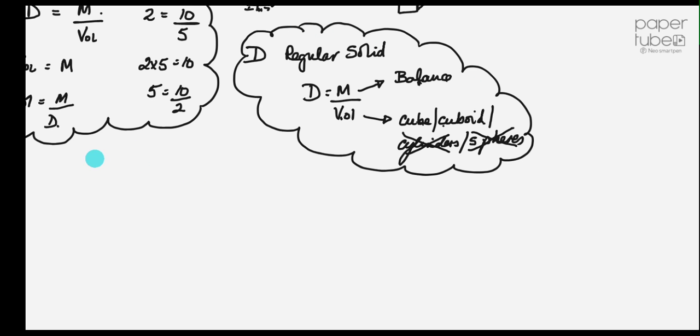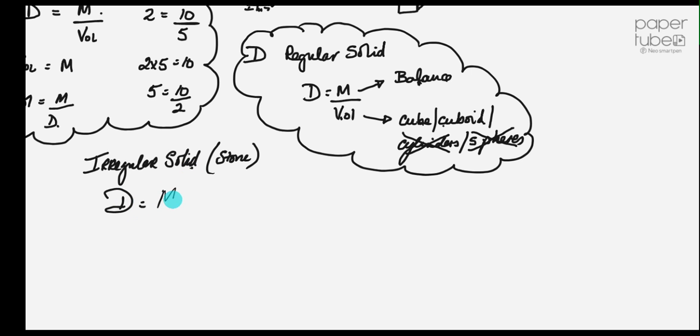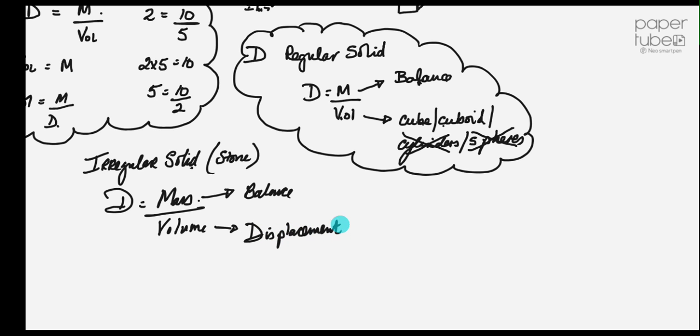Now there are irregular solids. An irregular solid would be something like a stone. So how do you find the volume? Density equals mass over volume. The mass again is a balance, and for the volume you use a displacement or eureka can.